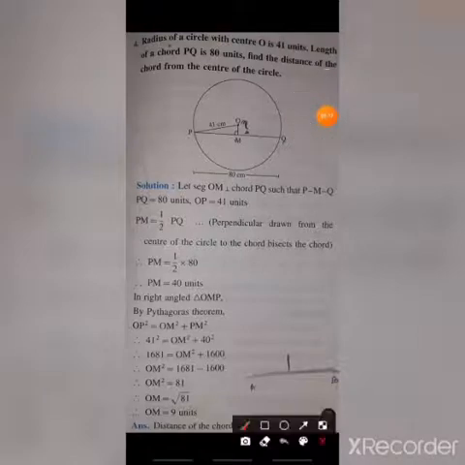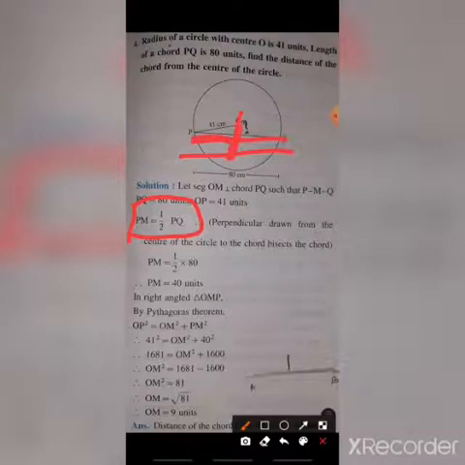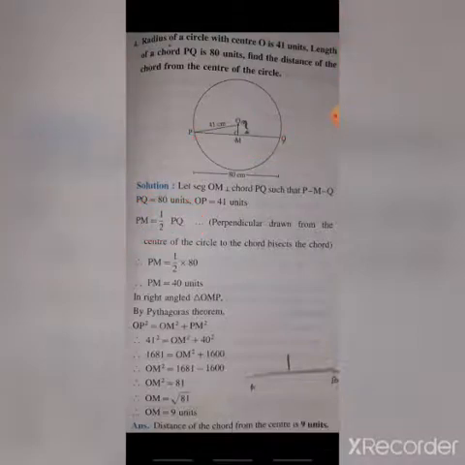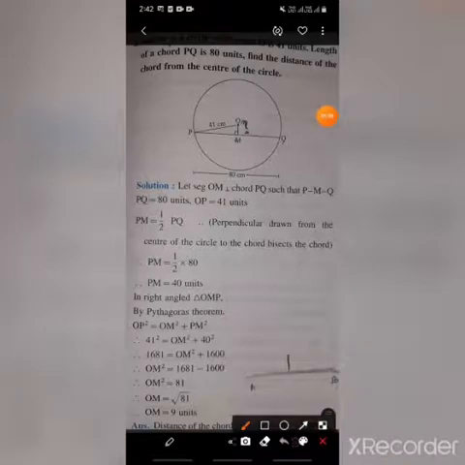A perpendicular drawn from the center of the circle to the chord bisects the chord. That means the perpendicular OM to PQ also bisects the chord. Okay, then PM is half of PQ.